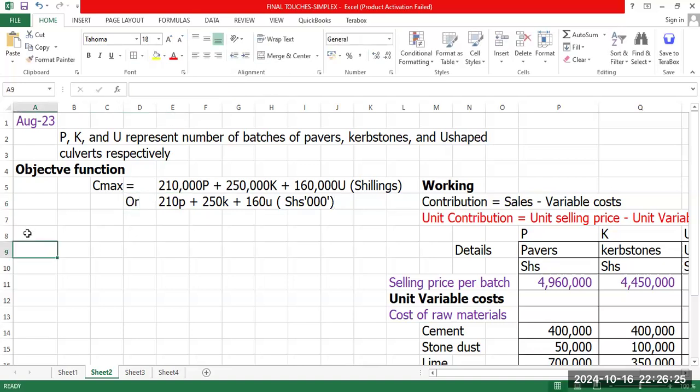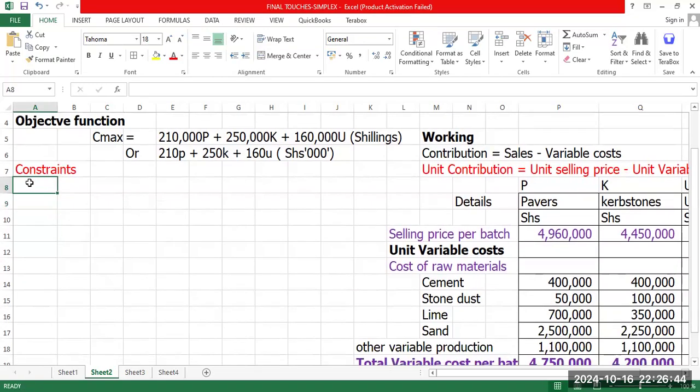Okay. Next, we put here our constraints. Remember our constraints, we have what and what? We have cement. We have stone dust. We have lime. We said sand is not our constraint since it is always available here.